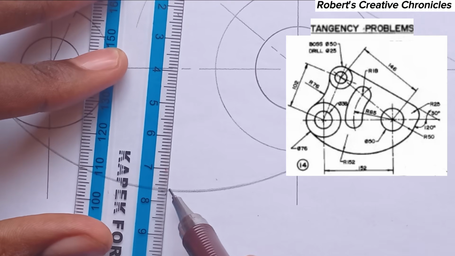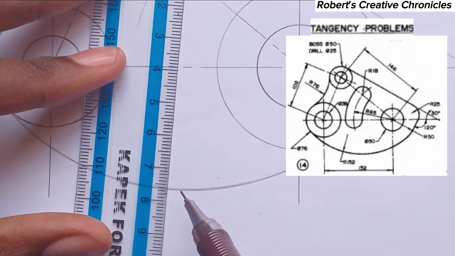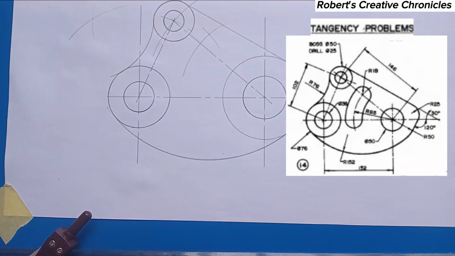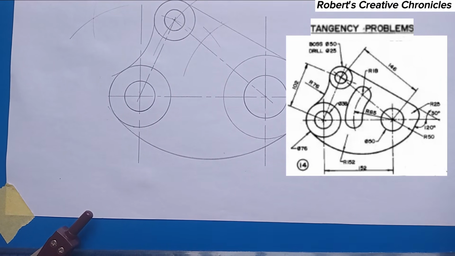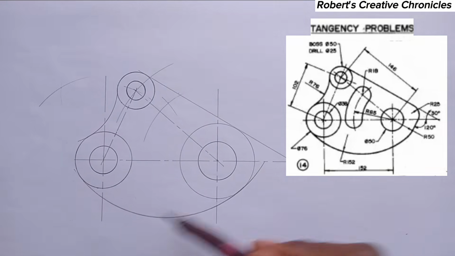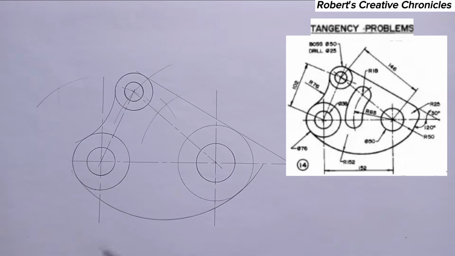You see? 76. So you can see that this is how we draw this tangent. This is the principle of tangents. So we have applied the principle of tangency to get these two curves.